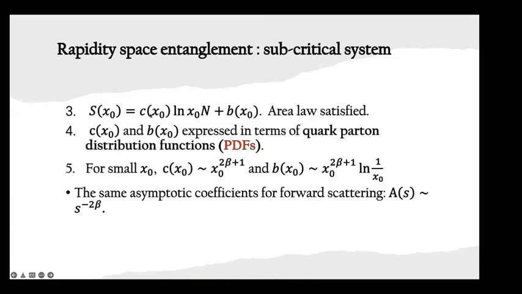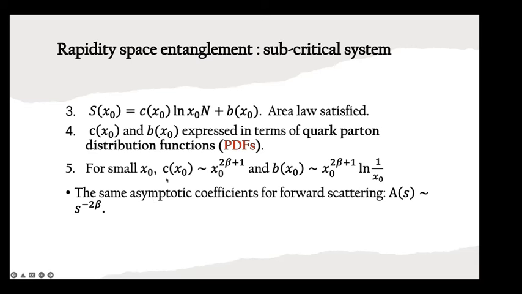And moreover, both of the coefficients C of x naught and B of x naught are purely functions of the ratio of the size of the subsystem to the size of the total system, or the momentum fraction, and they can be expressed in terms of the quark parton distribution functions, which we call PDFs, which are important physical quantities that can be used to express a lot of factorization theorems in DIS and in other processes.